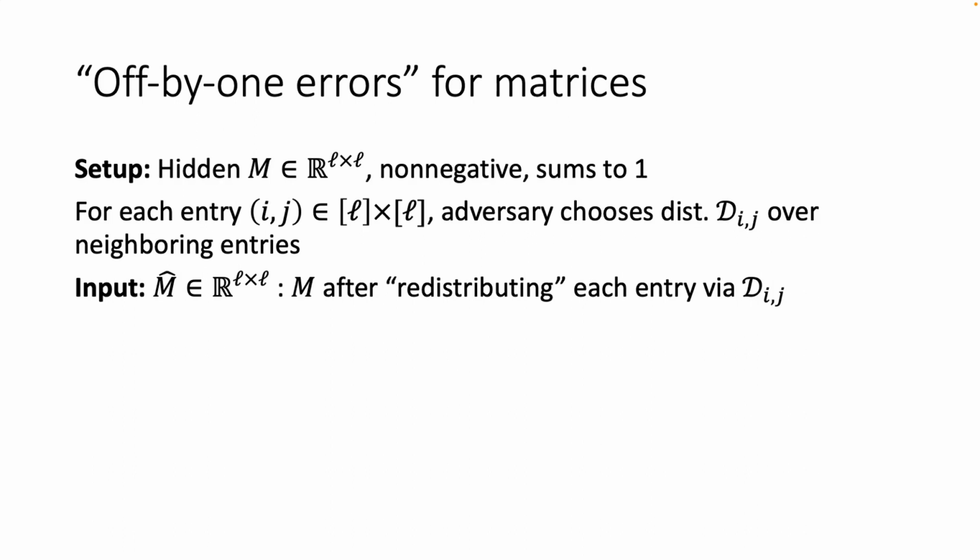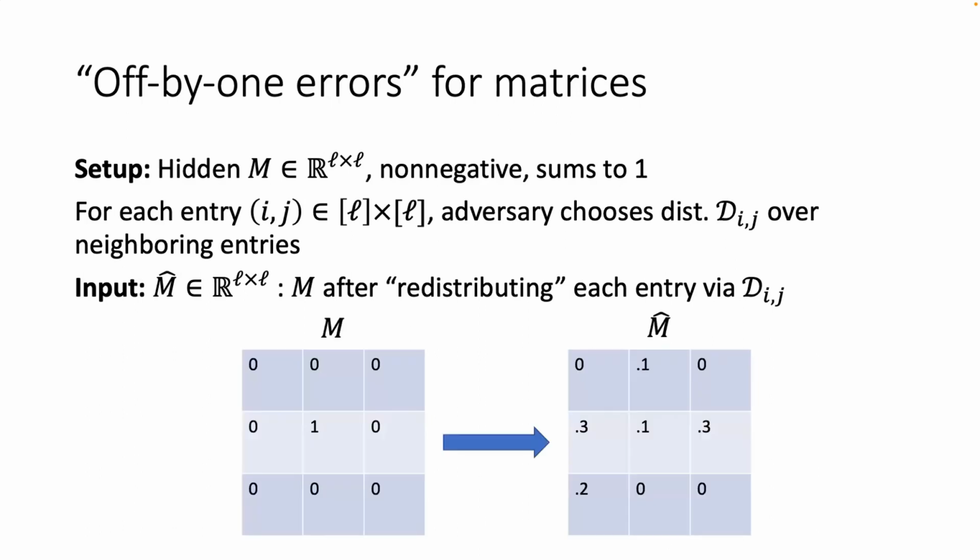I only get to see the matrix after this redistribution has taken place. Can I say anything about what the original matrix looks like? It turns out you can't. You could go from a matrix with a 1 here to a 1 that's redistributed over all these neighboring entries, and you have no hope of saying anything exact about what the original matrix looks like.